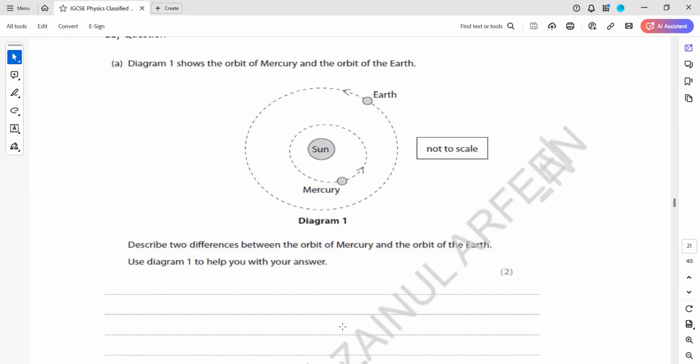You can mention time as well. You can also compare the center: for Earth it appears that the sun is at the center, but for Mercury the sun is not at the center of the orbit. And the second thing, the orbital length for Mercury is shorter as compared to that of Earth.